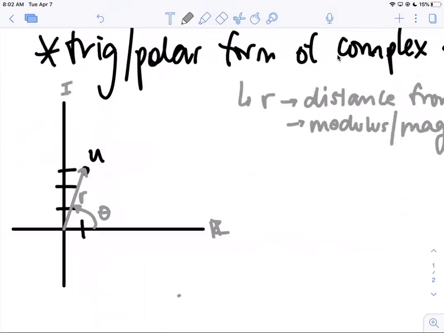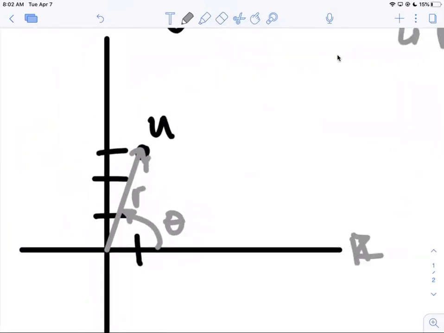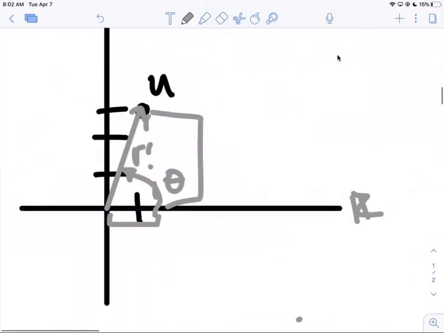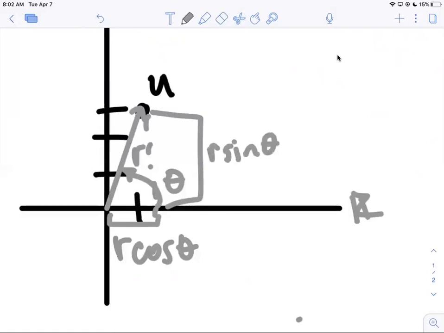And we would remember that the distance horizontally and then vertically could be represented as sine and cosines of r and theta. My horizontal distance would be r times cosine theta. And then my vertical distance, we called it my y, we called it my b, that's r sine theta.